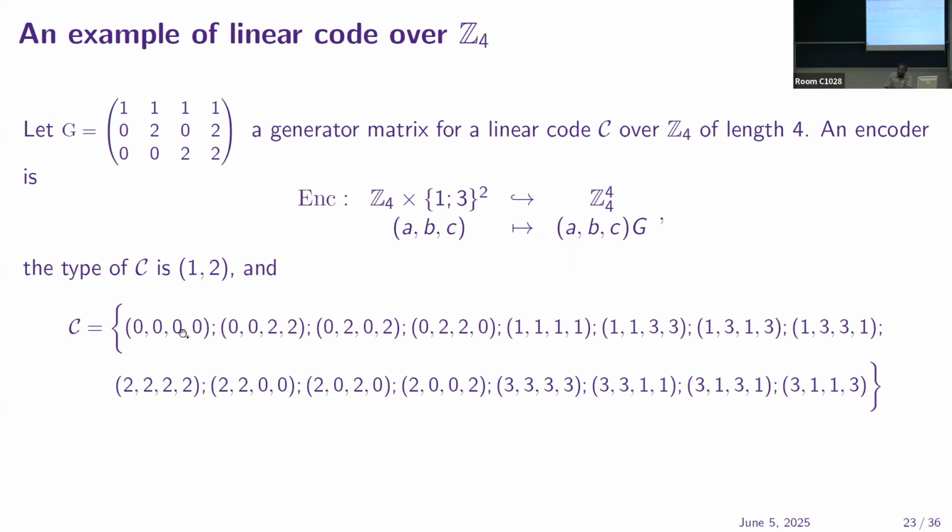We count these: 1, 2, 3, 4, 5, 6, 7, 8, up to 16. These are the code words of C. C has 16 code words. It's important to compute the set of messages, and to note how to compute this.